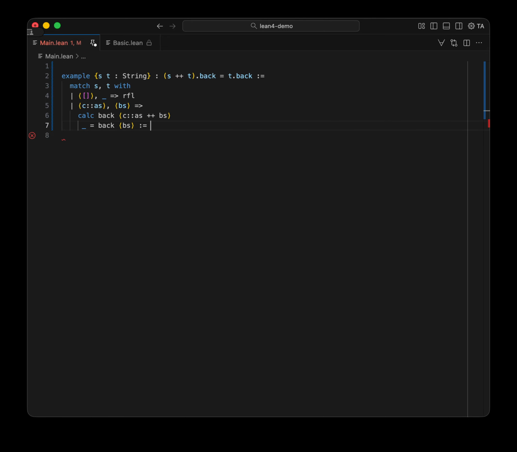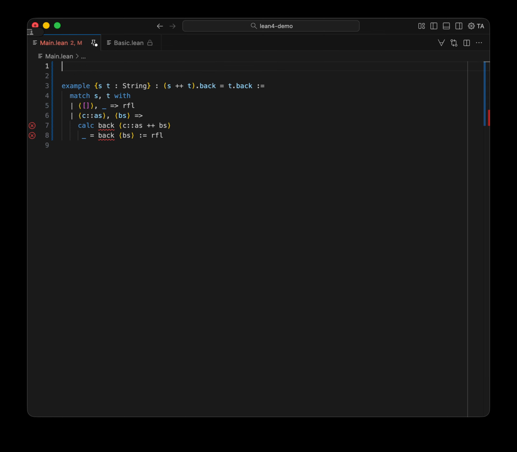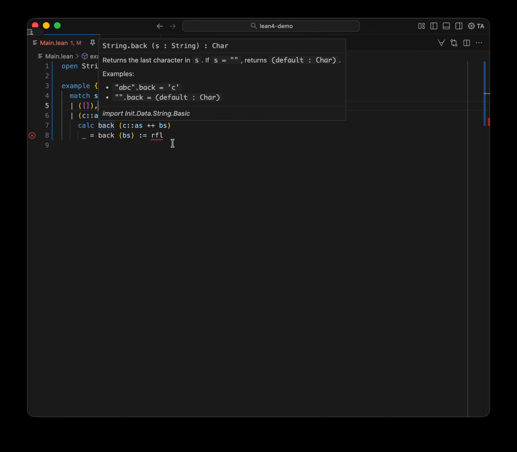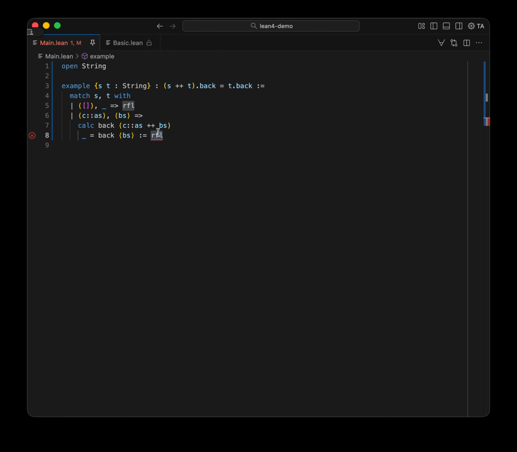So by definition, this is what we're doing. Oh, let's open the namespace String so that we can get back directly. Of course, this won't hold so trivially. We'll have to construct this proof one step at a time.